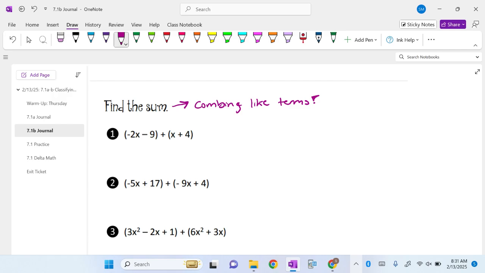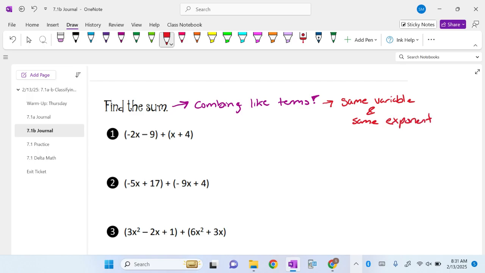Now, make a note of this because you're not used to combining like terms past a linear type situation. A like term means it has the same variable and the same exponent.